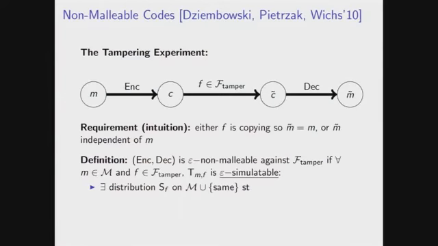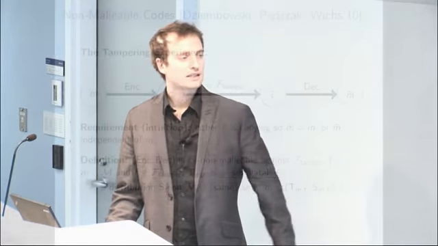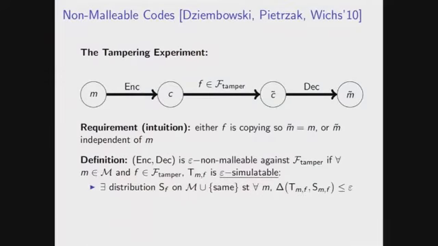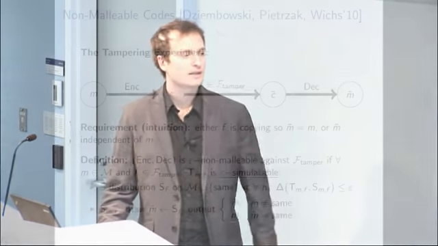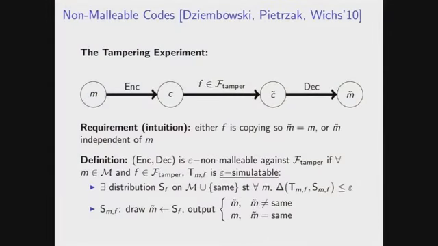So there exists a distribution S that depends only on the function, and it's a distribution on M or same. It's going to output M tilde, or it's going to output same in the case when the function is not doing anything. You want there to exist a distribution such that for all M, the statistical distance between the tamper distribution and the induced simulated distribution is less than epsilon, where the induced simulated distribution is just: draw M tilde from the simulated distribution, and if it's same, output M.